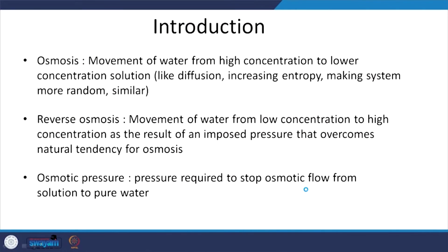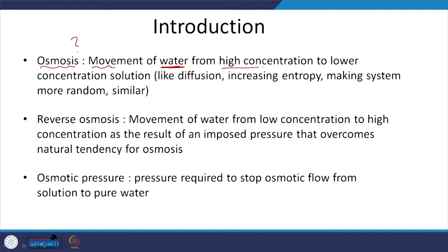Let us move on. So, what is it that we are talking about? Reverse osmosis. So, what is this osmosis about? We will look at the figure, but let us just look at the written statement that we have here. It is the movement of water, keep in mind it is the movement of water, not of the relevant molecules or the ions. It moves from higher concentrated solution to lower concentrated solution, right.